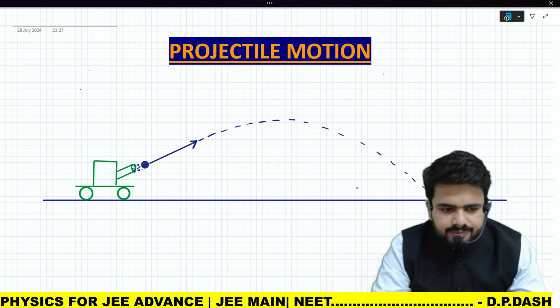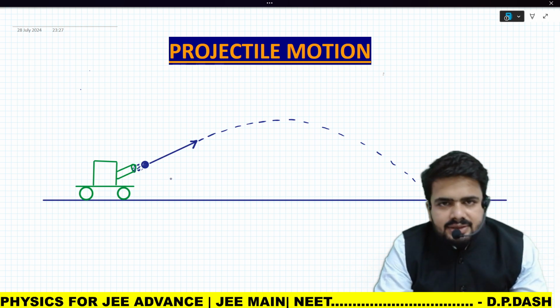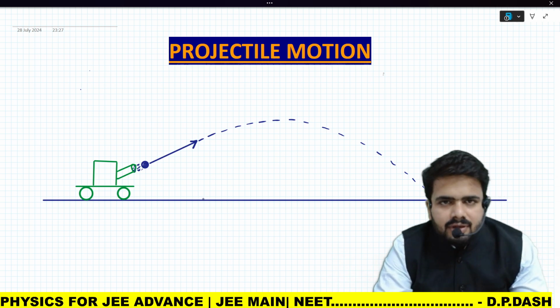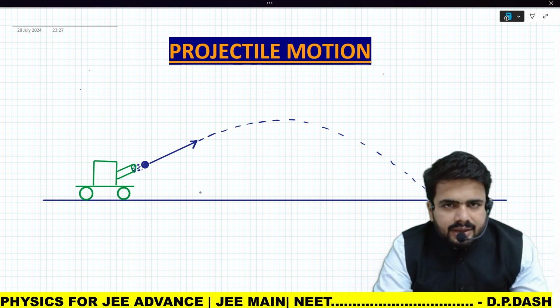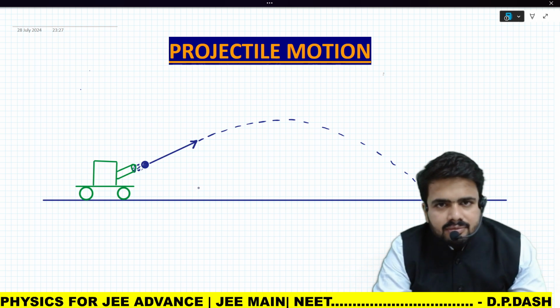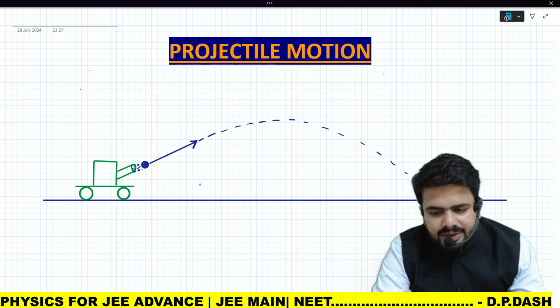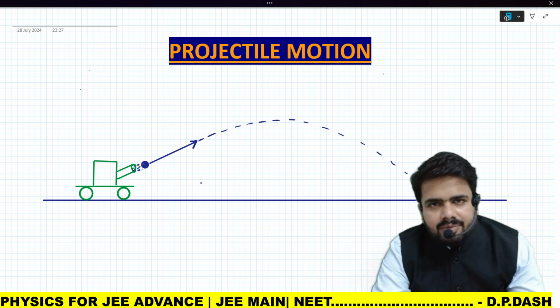Here are a few examples. Suppose a football is there and we are kicking the football into air, or a cricketer hitting a ball with the bat, and the ball goes to a certain height. Similarly, throwing a javelin.